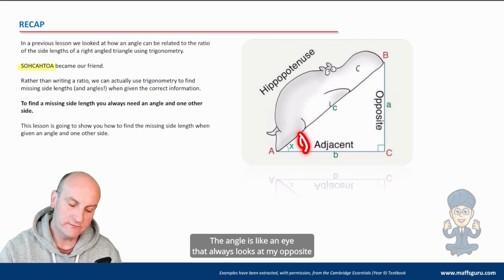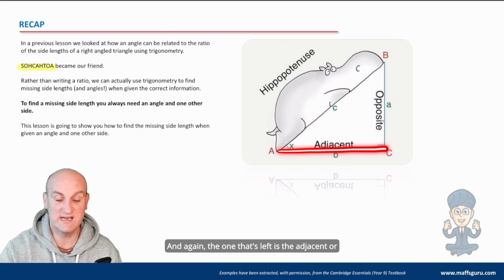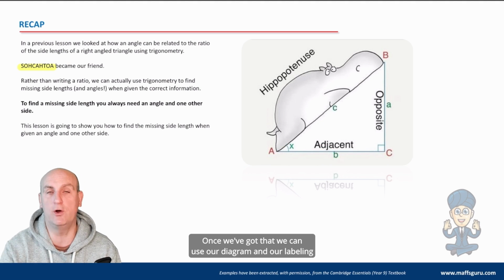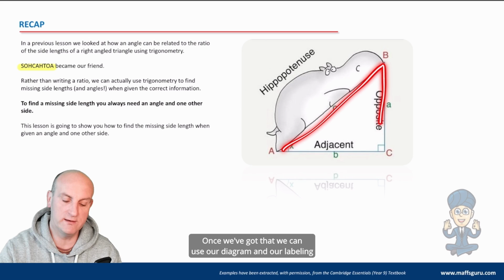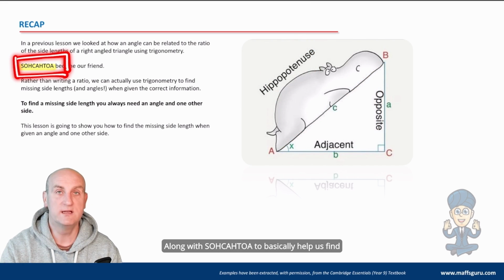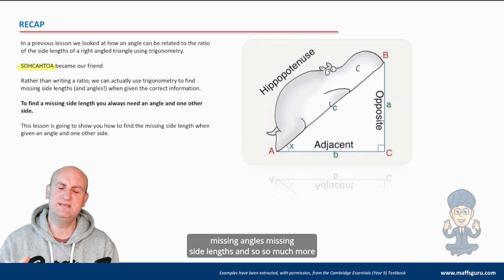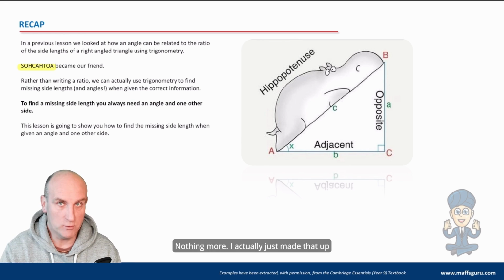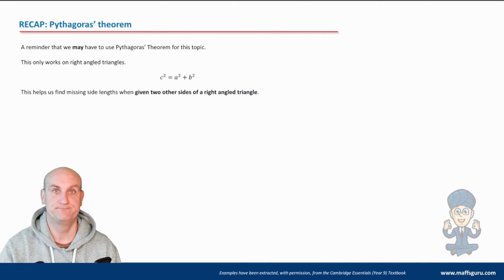The angle is like an eye that always looks at my opposite. And the one that's left, the one stuck to the angle, is the adjacent one. And once we've got that, we can use our diagram and our labeling along with SOHCAHTOA to help us find missing angles, missing side lengths, and so much more.